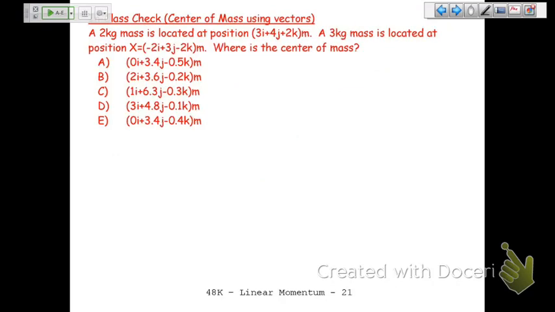Next level. A 2 kilogram mass is located at 3i plus 4j plus 2k, and it's a displacement, so call it meters.